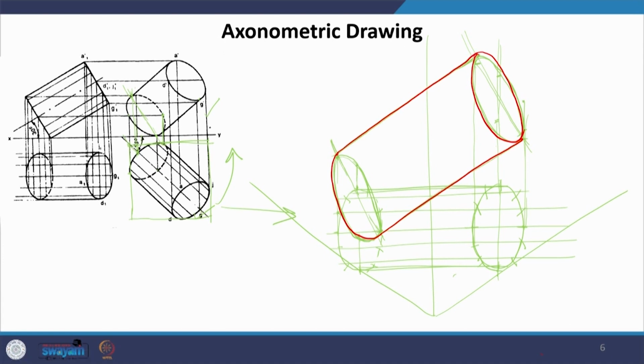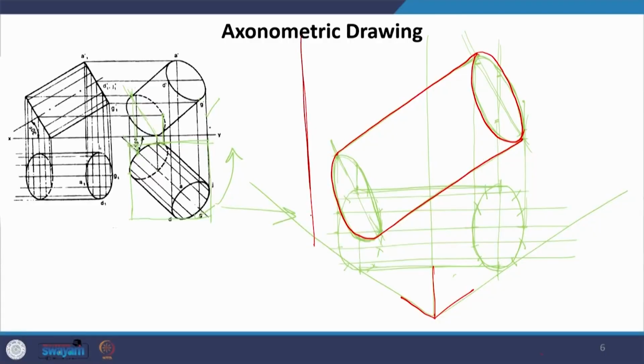Now, you might not be able to decipher exactly how this one is, because this is a free object. This is not in combination with other solids and you cannot really place it along with this axis, how it is really being perceived.